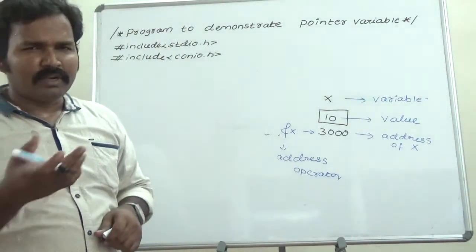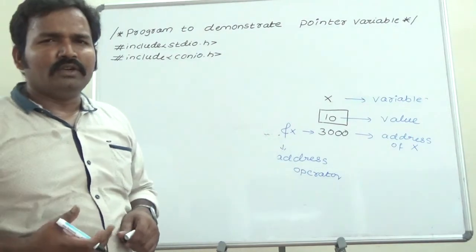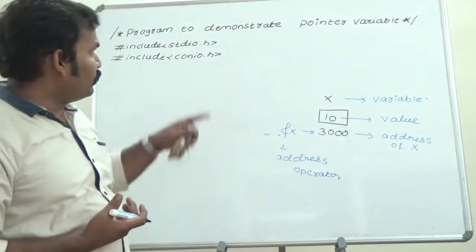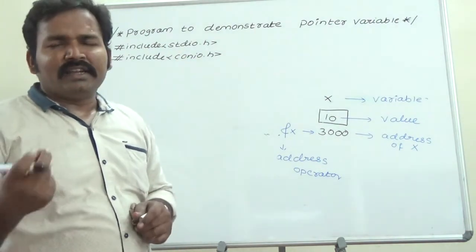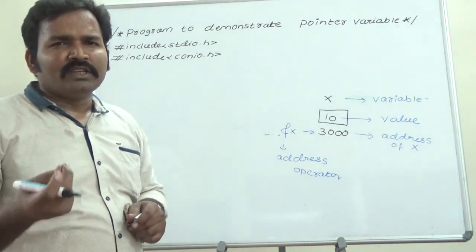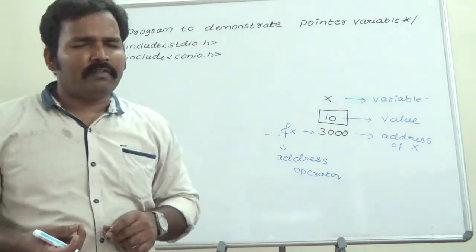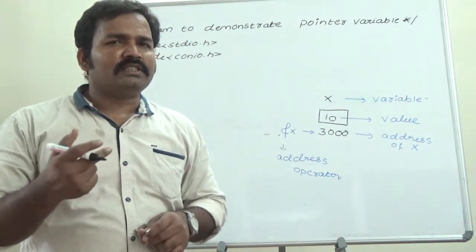Whenever you use printf and scanf functions in your program, you should include the stdio header file. Whenever you use clrscr and getch functions, you should include the conio header file.